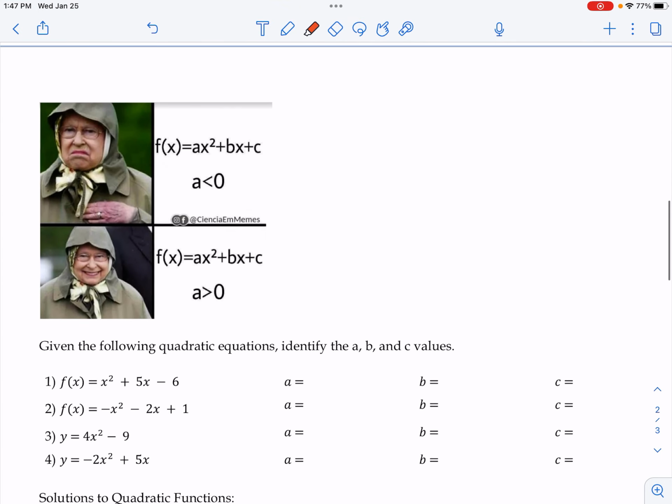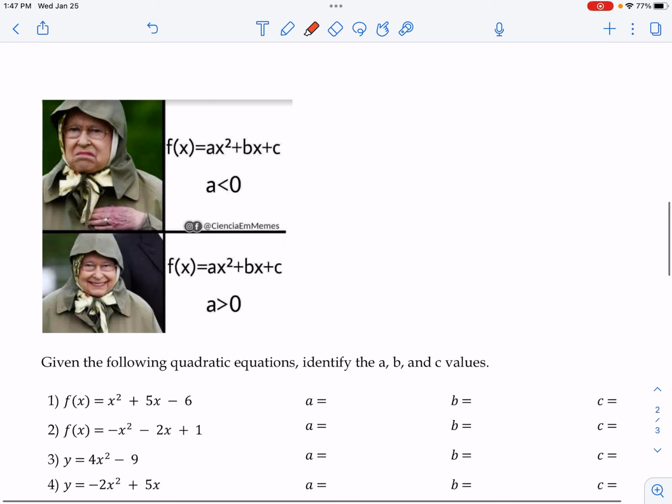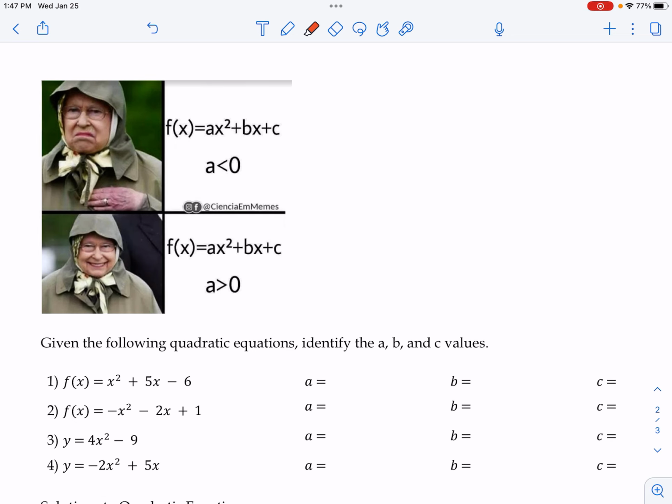All right, and so most of the functions are going to be given in the equation form, not the graph. And so if you're given the equation, and if you look at the a value, if a is negative, you can already tell a lot of information about it. And so a is less than 0 means negative, and negative means it's opening down.